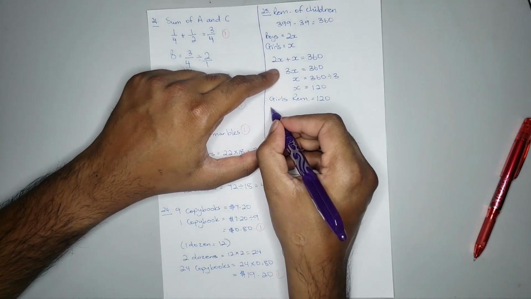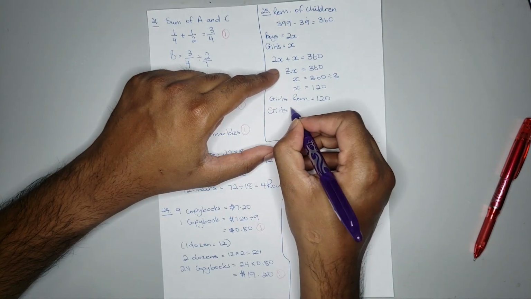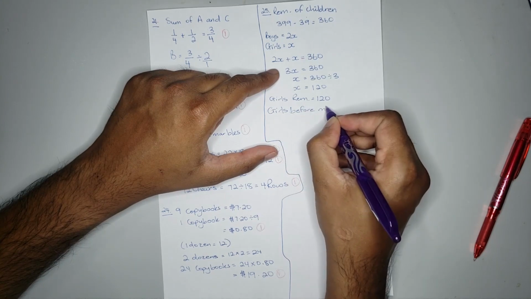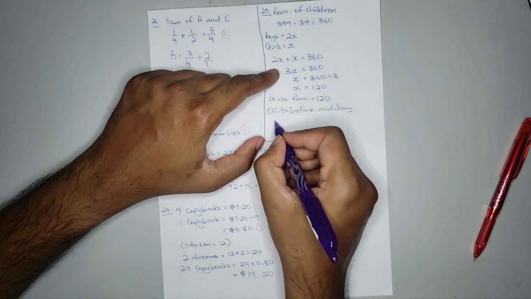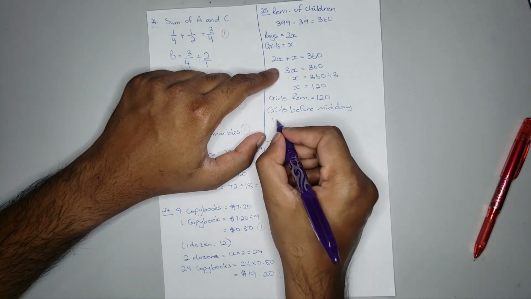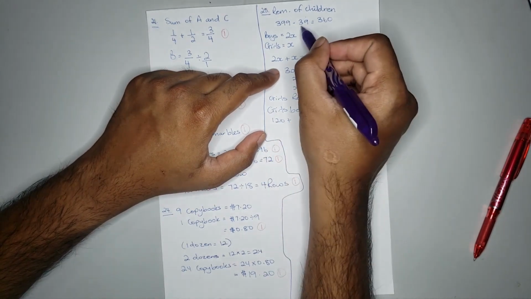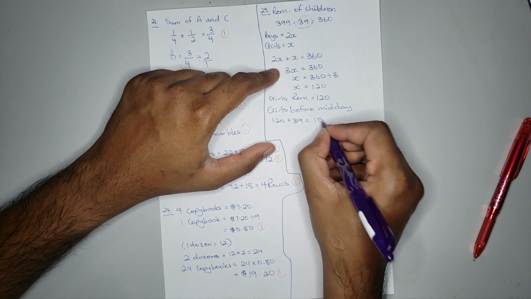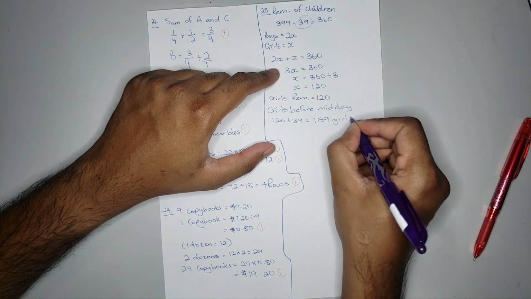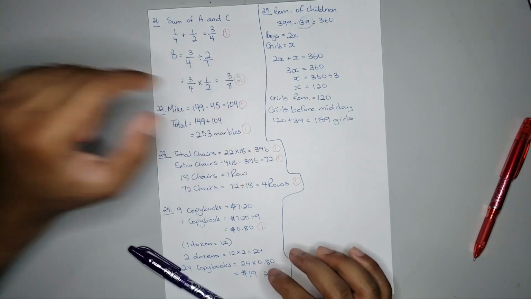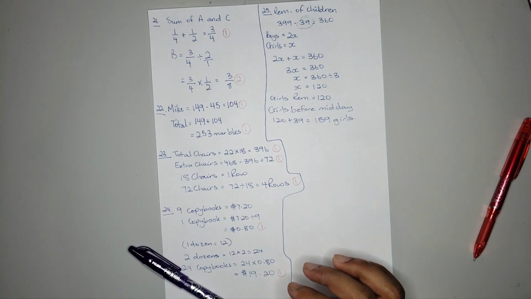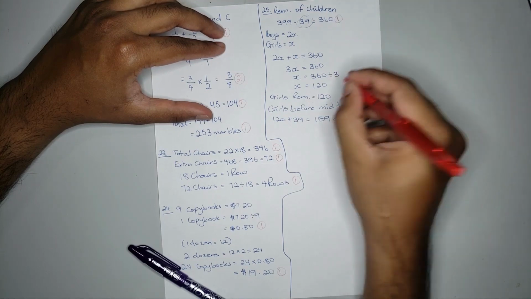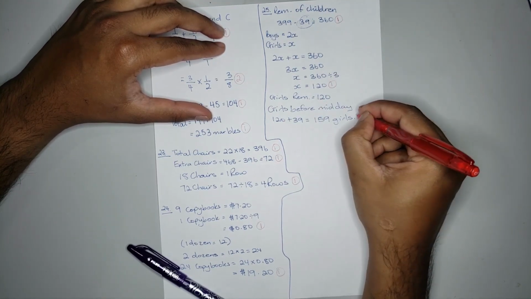So to calculate girls before midday, it will be the amount of girls that remained, which is the 120, plus the 39 girls that left, which is equal to 159 girls. So the answer is 159. Let's mark it now. We'll get 1 mark for finding out the girls that remained, 1 mark here.